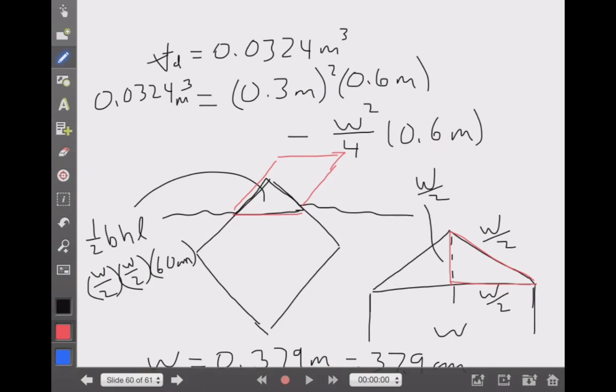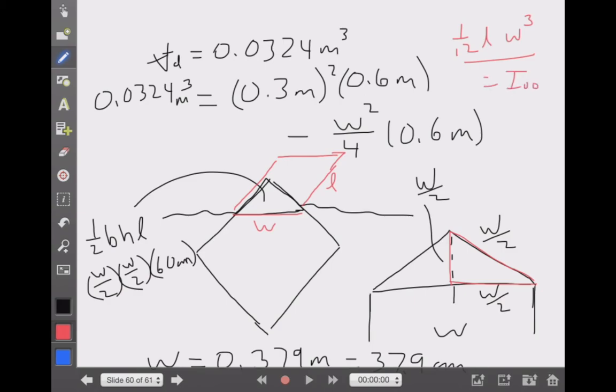So this becomes W times this L, and since it's a rectangle, we use the familiar equation for the moment of inertia, which would be 1 over 12 L with these dimensions. So that's going to equal this.